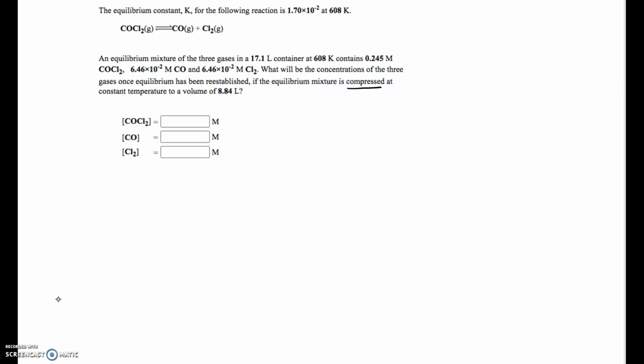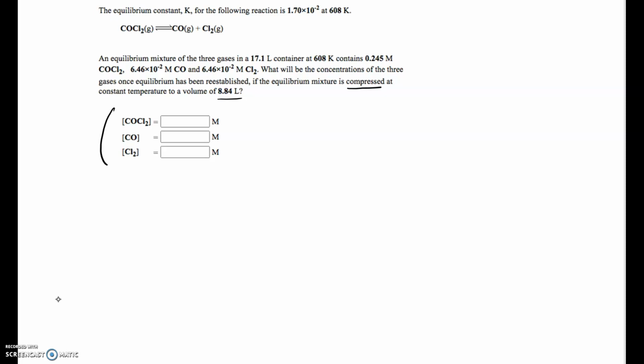So we start out with a 17.1 liter flask. I've never seen a 17.1 liter flask, but that makes it interesting for the calculations. And we are given some molarities of our gases, and we want to know what the new concentrations are going to be if we change the volumes. So we're going to start right out with creating an ice table.